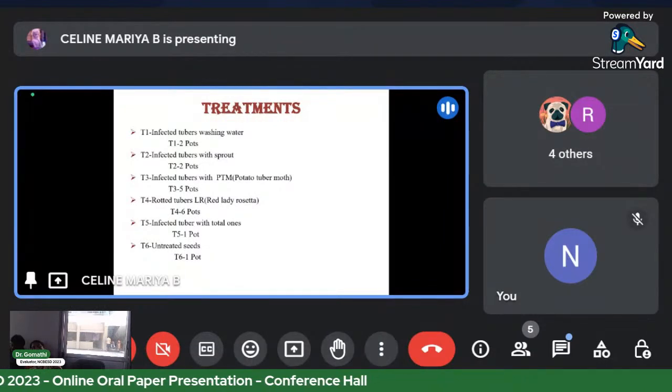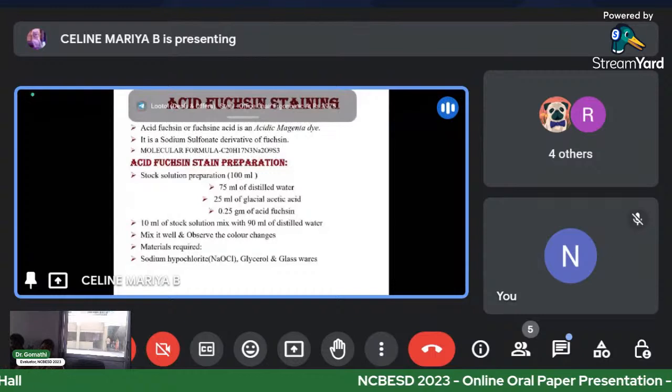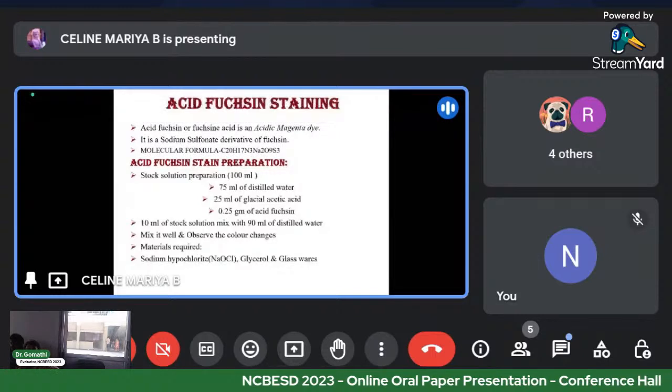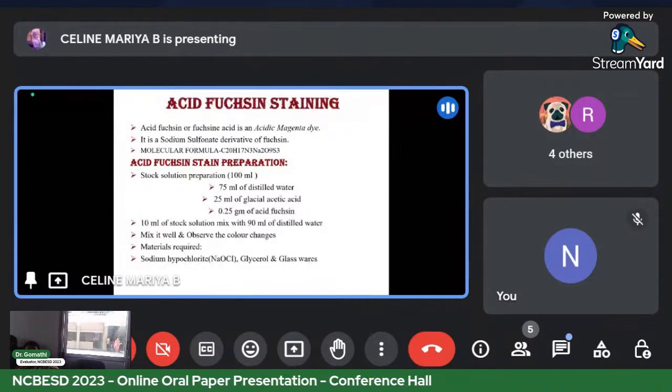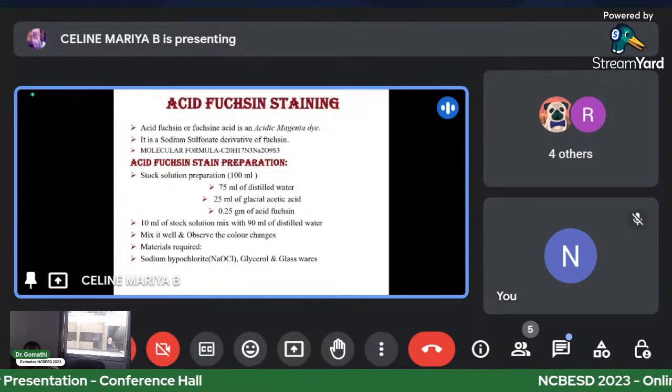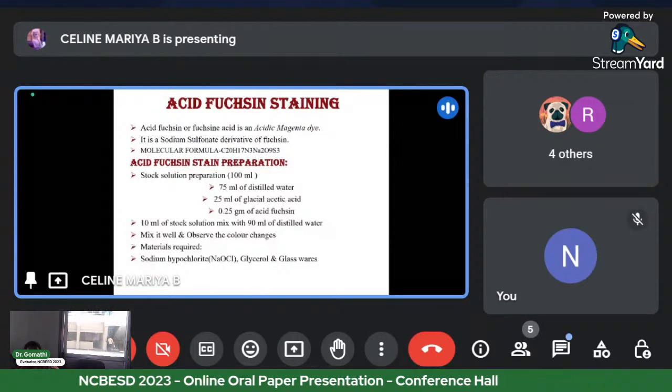After 60 days, I took the roots for acid fuchsin staining. 25 ml of 0.2 gram acid fuchsin stain, and 10 ml of stock solution is taken, and 90 ml of distilled water is added, and it is kept for boiling.